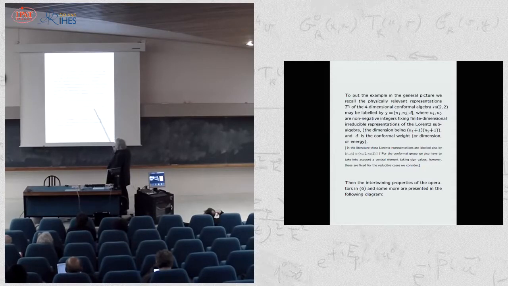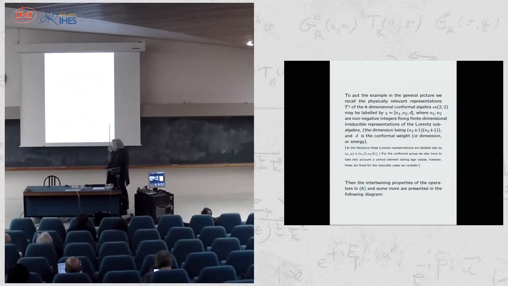The first 2 are fixing the finite-dimensional representation of the Lorentz algebra with this dimension, and this is the conformal weight. Some people call it conformal dimension, some people call it conformal energy. It doesn't matter. Physicists sometimes may also use J1, J2, but that's not essential.